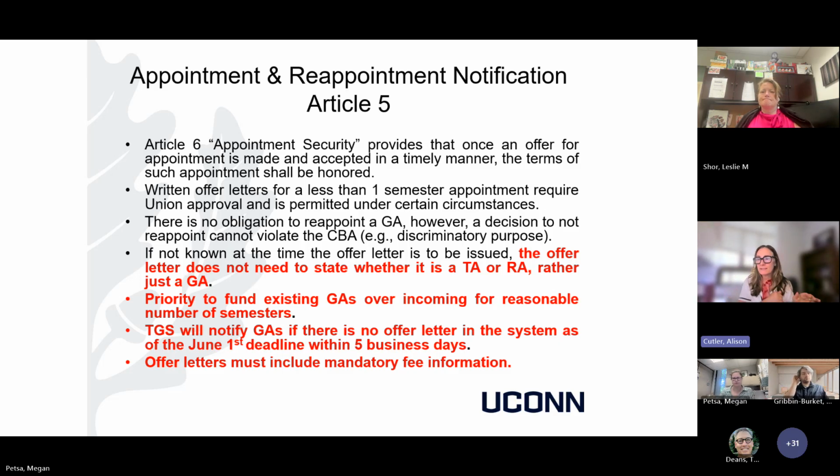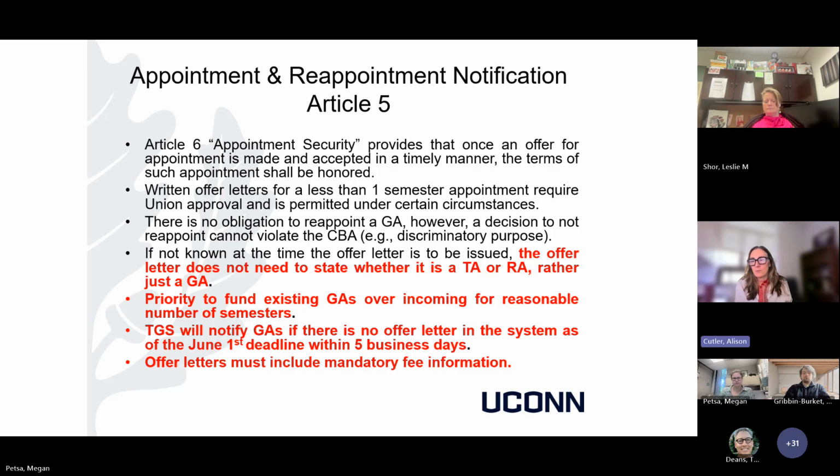Funding was being retracted, and I think departments were really concerned about their GAs having financial support. So what I was seeing departments doing is holding back and not necessarily following the June 1st deadline for fall appointments. They were holding back the offers and trying to figure out who was getting what funding, whether it was TA or RA. So we talked about this at the table.